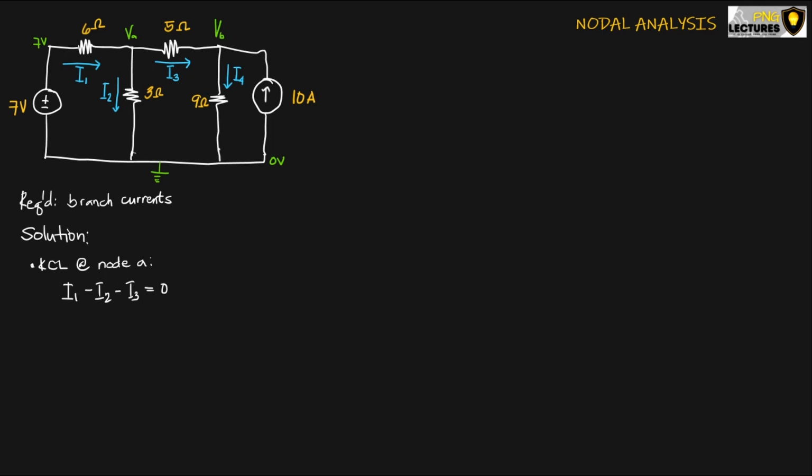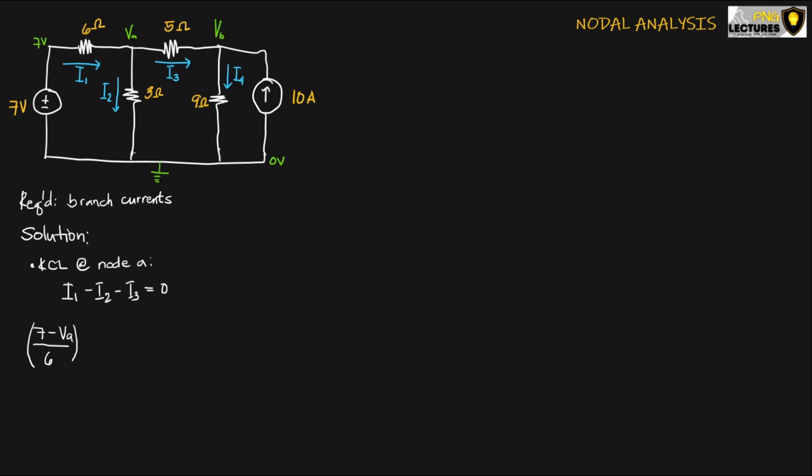For I1, we can observe that it is flowing from the 7-volt source to VA. Applying the principle that current flows from higher potential to lower potential, the voltage drop at the 6 ohm resistance is 7 volts minus VA. Therefore, I1 can be expressed as 7 minus VA all over the resistance, which is 6.